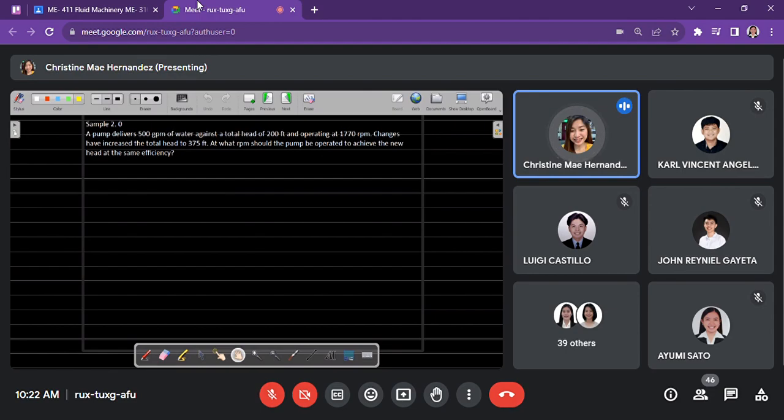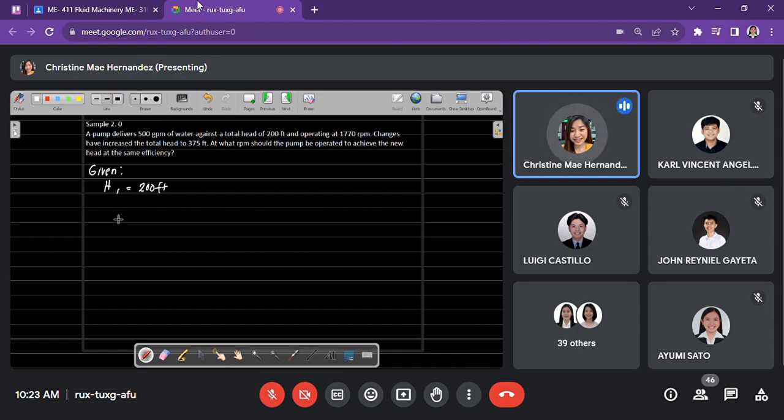So, kanina meron tayong pump affinity law. Meron daw tayong total head, ang head ng unang pump ay 200 feet.